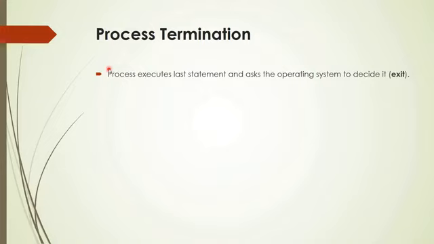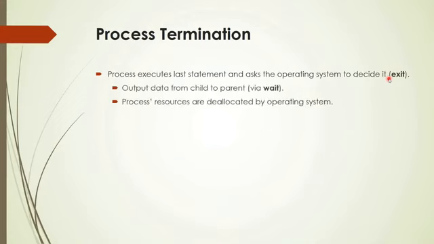So both parent and child execute their last statement and use the exit system call, informing the operating system that they want to exit from the system. They have executed and now they want to exit. So the operating system will deallocate the resources that were allocated to the parent and the child or any process.